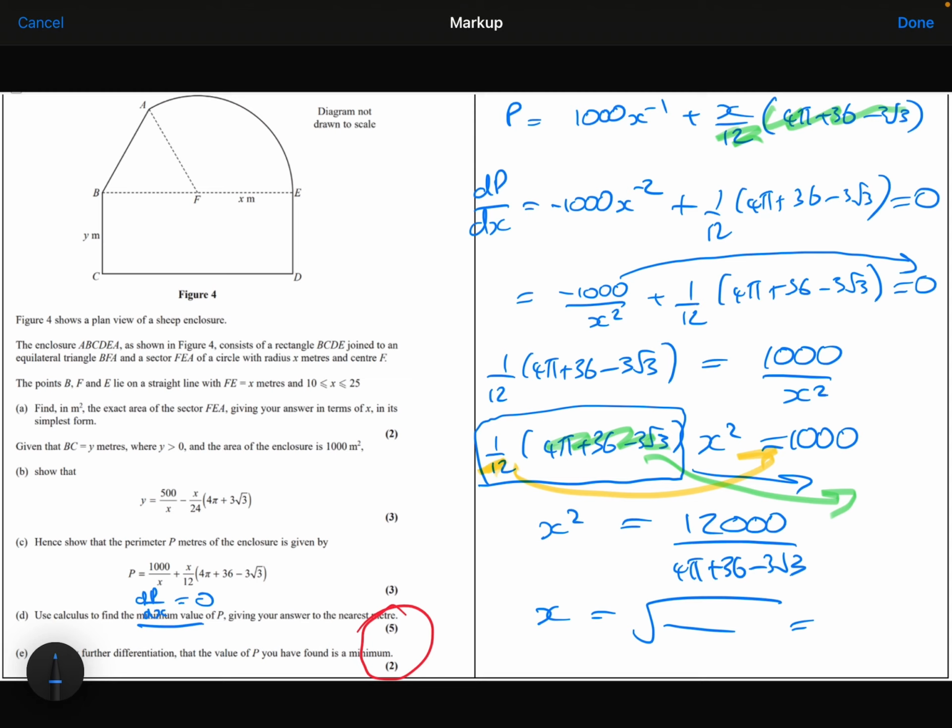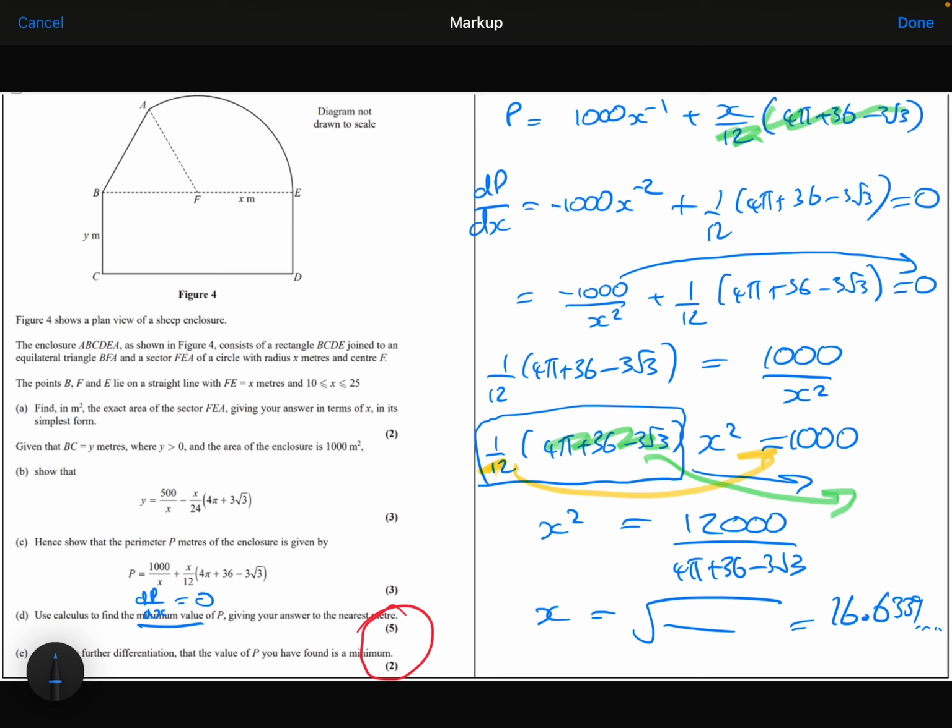Right, get my calculator. 12,000 divided by 4 pi plus 36 minus 3 root 3. And we get 16.6339.